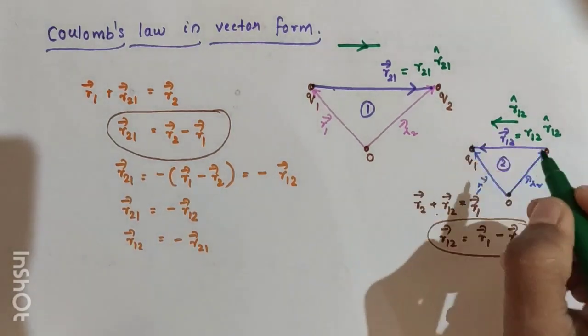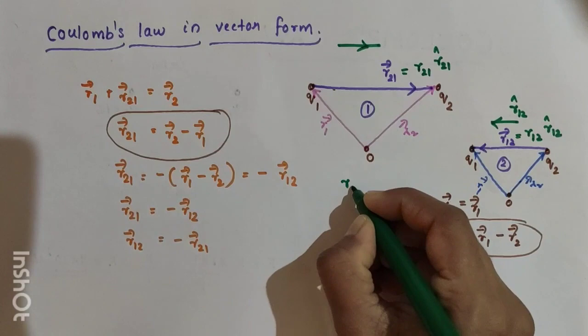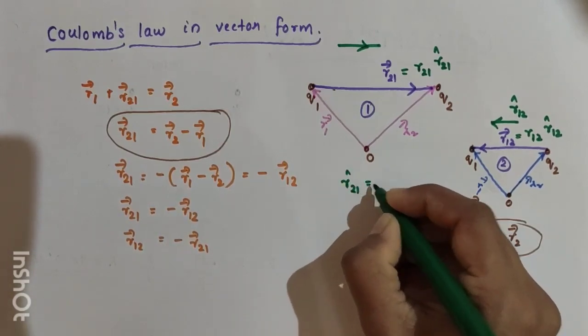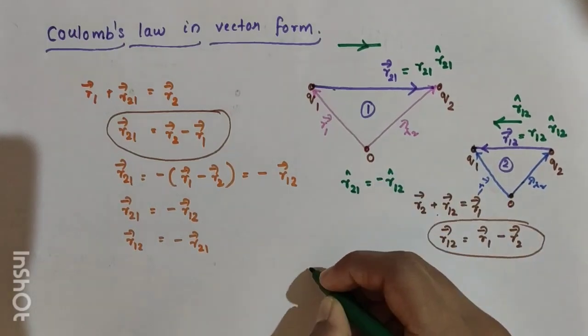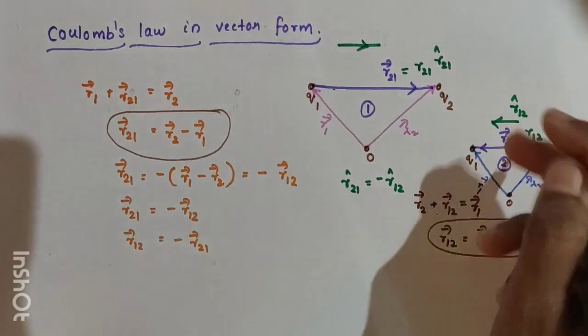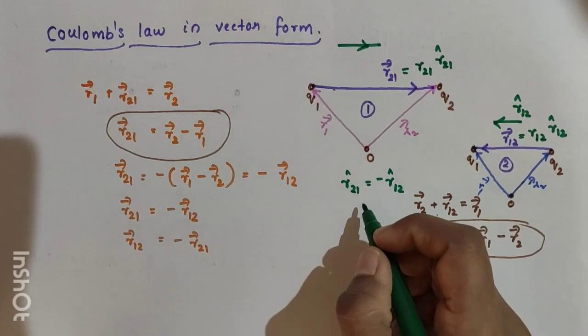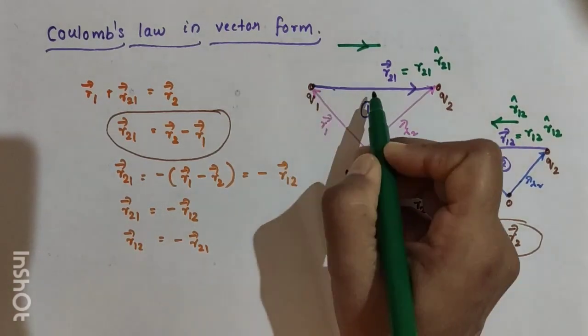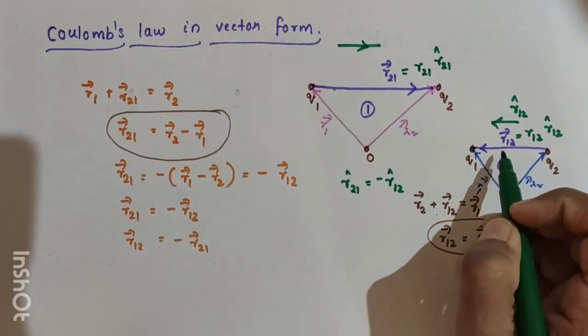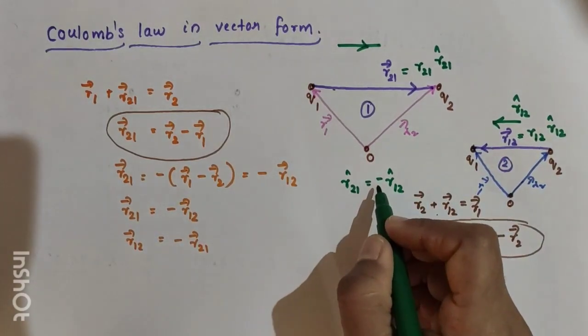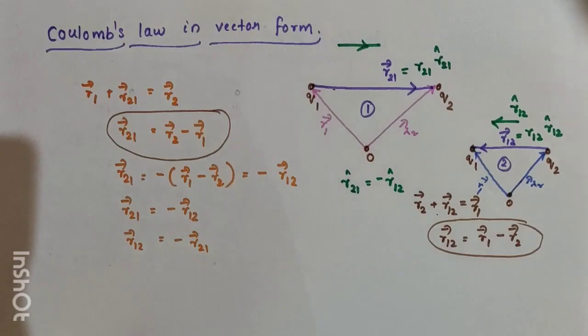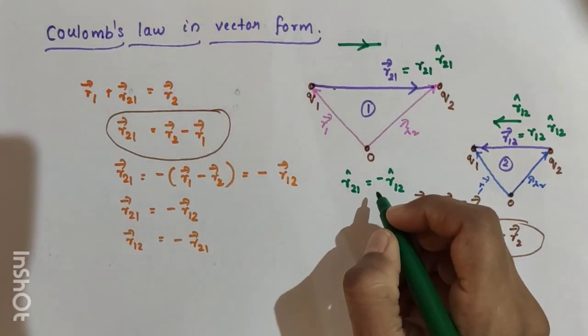It is very clear from this figure that R21 cap is equal in magnitude to R12 cap but opposite in direction, because both are unit vectors with the same magnitude, and they are in opposite directions. So we put a negative sign here, so that we can write R21 cap is equal to minus R12 cap.